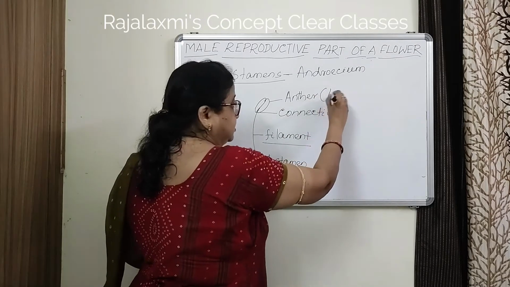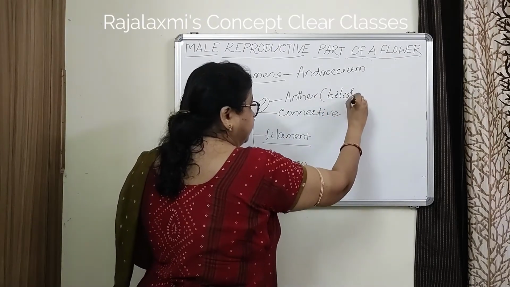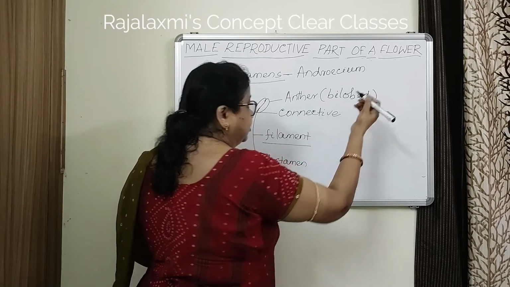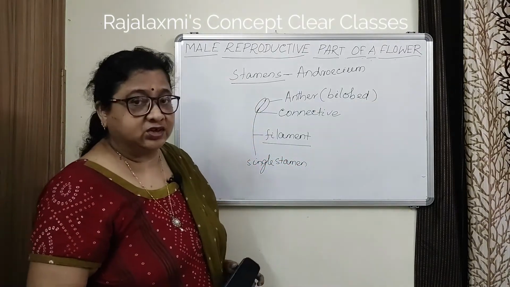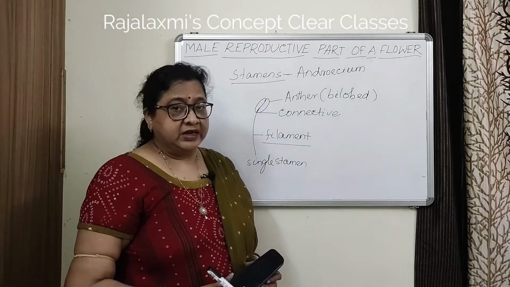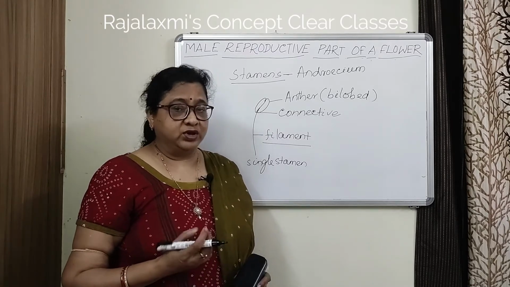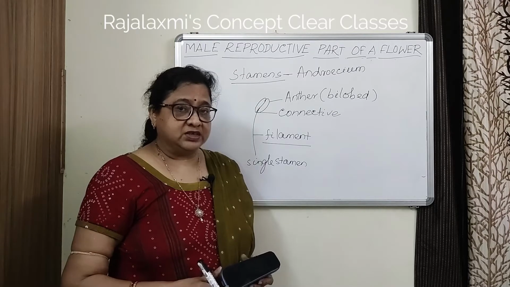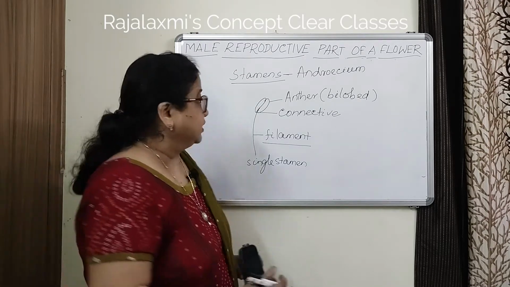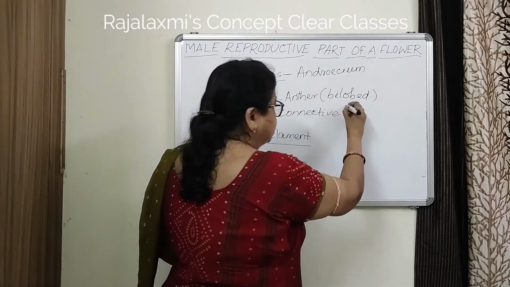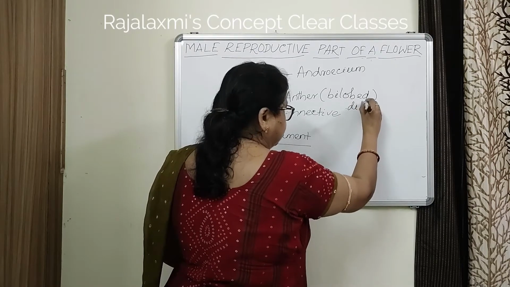Anther is mainly bilobed, that is, it consists of two lobes. Rarely, in few species, the anther consists of only one lobe, so it is known as unilobed. And this bilobed anther is also known as dithecous anther.